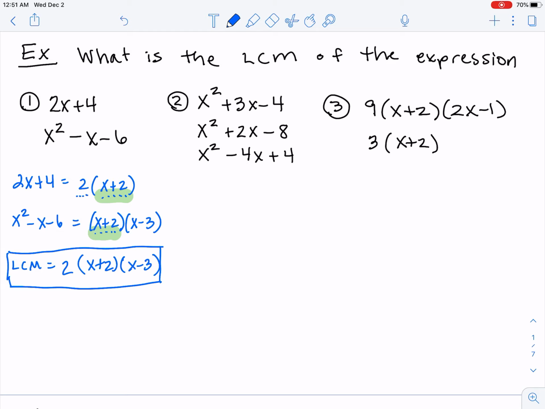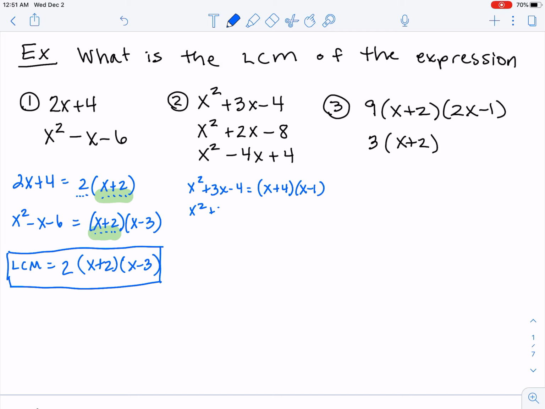Okay, so taking a look at number 2. Notice I have 3 expressions, and I want to find the least common multiple of these 3 expressions. So if I have x squared plus 3x minus 4, well, I want to factor it. So that's going to factor into x plus 4 and x minus 1.